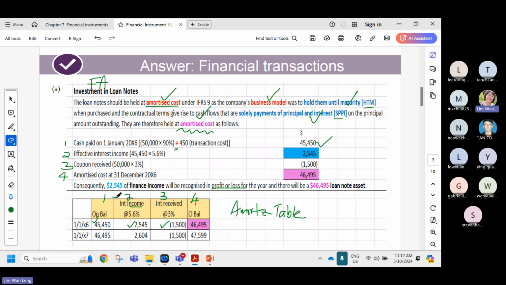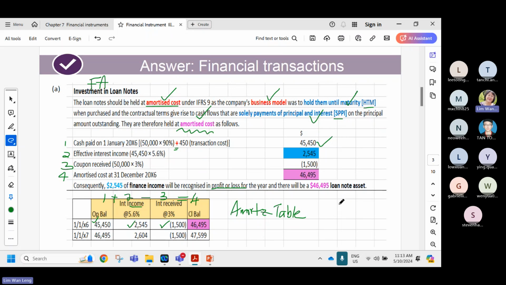So as usual, 1 plus 2 minus 3 equals to 4, which is the last column. So you can see, contrast this particular table with this one here. It's the same. It's 1 plus 2 minus 3. You get the closing figure at the end of the year.